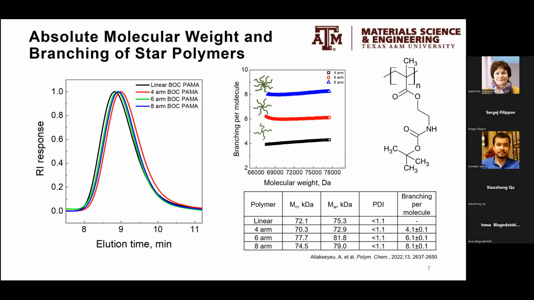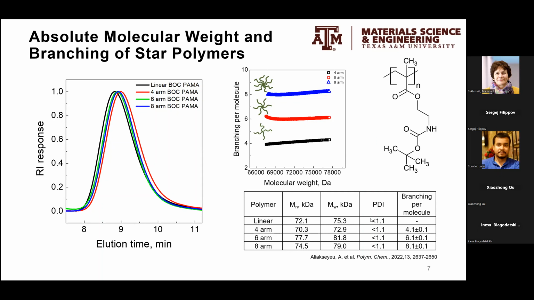You can make conclusions only when you exactly match the molecular weight. My student Alexei did a great job, so we now have linear, 4-arm, 6-arm, and 8-arm polymers with pretty well matched molecular weights and narrow dispersity.